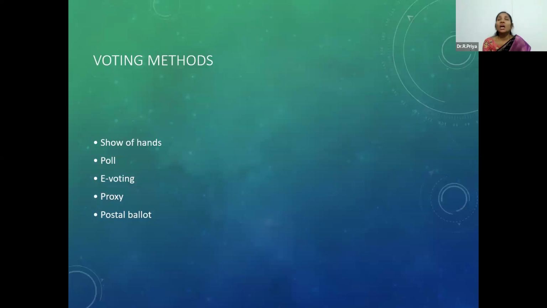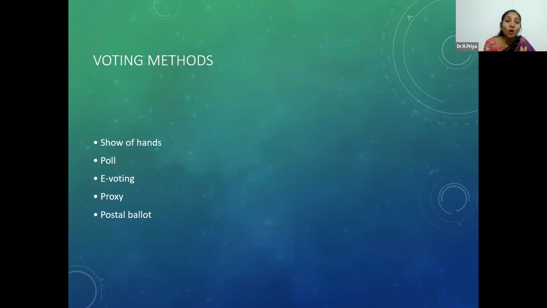Then proxy. I told you previously, a proxy is a person appointed by a member to attend and vote on their behalf. The key points of the proxy: it is useful when members cannot attend personally. The proxy can vote only as per the instructions.